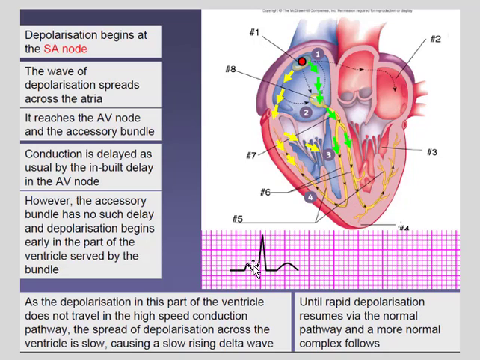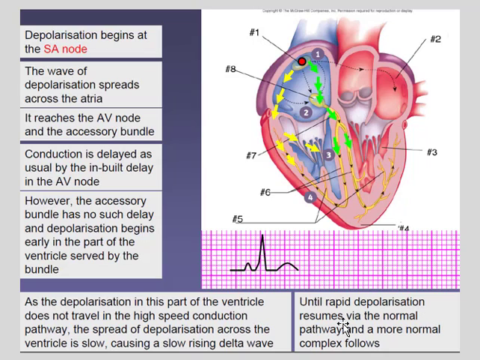So that delta wave represents that early depolarization from the abnormal conduction pathway, the accessory pathway, and normal QRS complex depolarization follows, giving you that typical appearance for WPW.